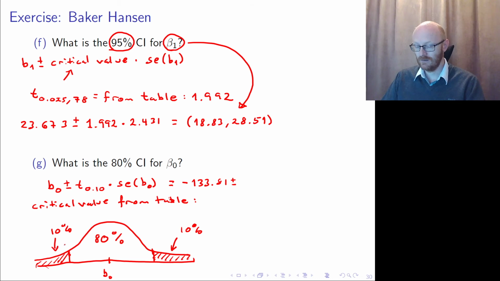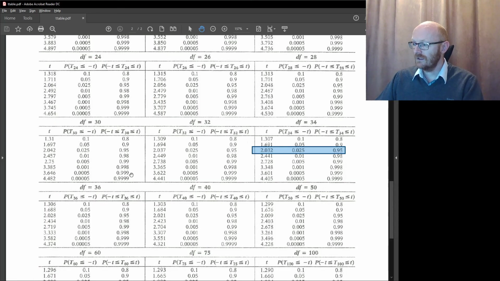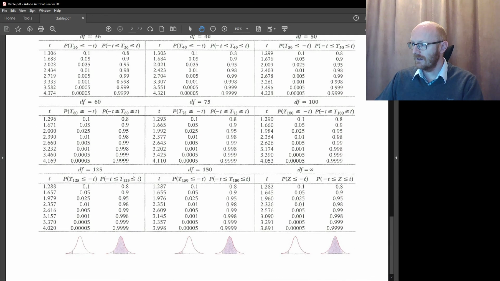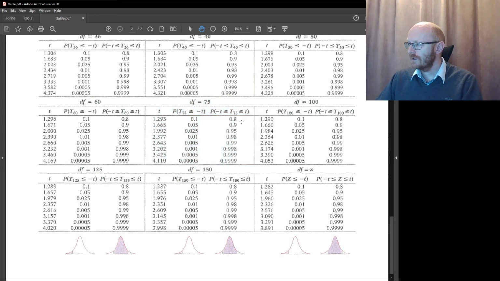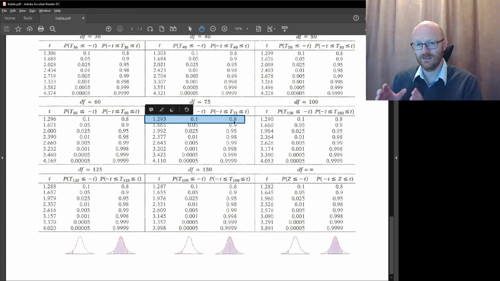That would be, let's see, if we go to the t table here, and we're interested in this table, okay, because our degrees of freedom is 78 and 75 is just below that, and we want to be 80% confident to include the true beta naught, the true intercept, which gives us a tail probability of being wrong, with 10% chance of being wrong at either side.